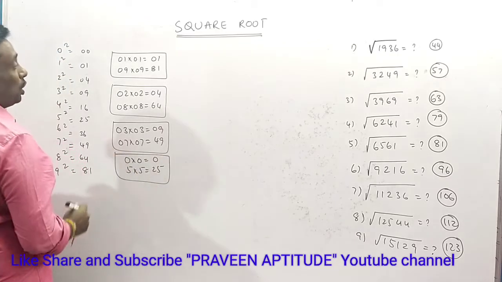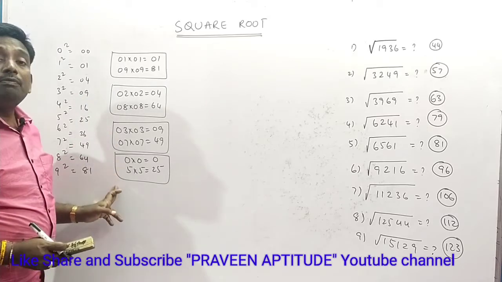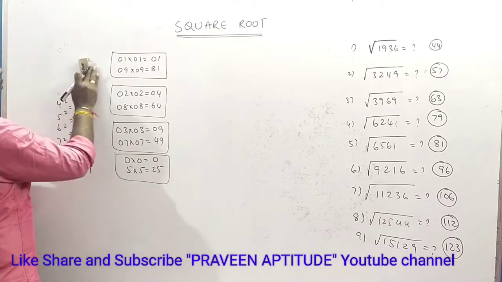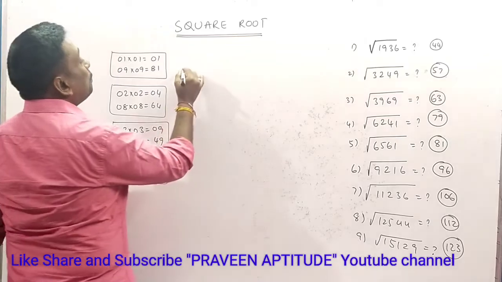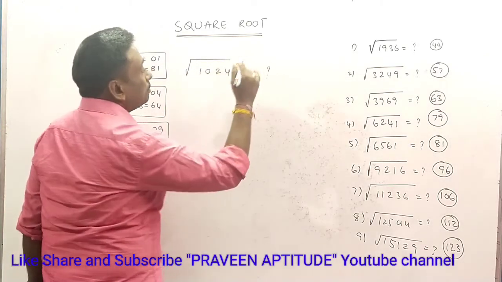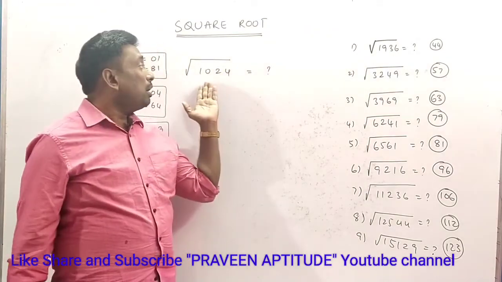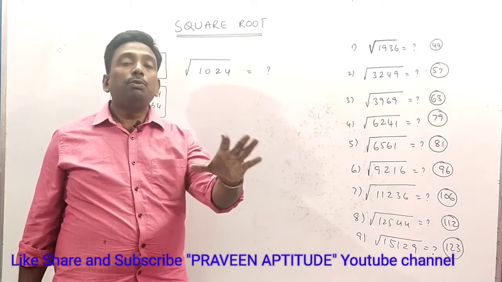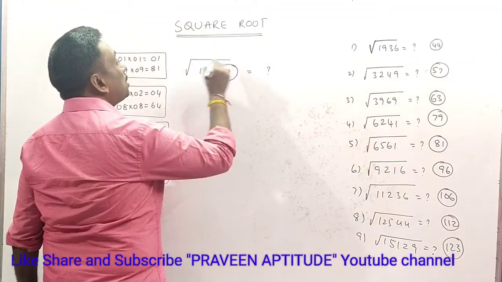Here you have to remember these logics while finding the square root. Why these are required, I will tell you. See some examples. How to find the square root of 1024? Whenever any number is given, if you want to find the square root for that number, first you leave the last two digits of that number.